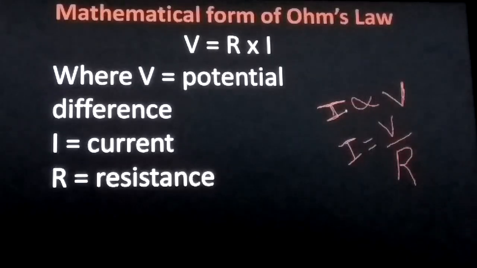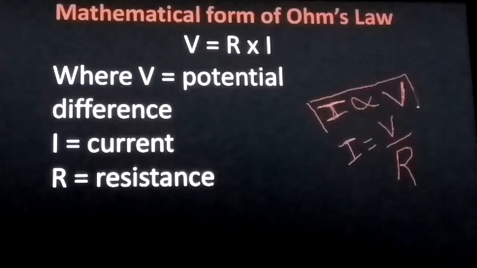If one increases, then the other also increases. If the potential difference decreases, then the current flowing through a conductor also decreases. So this is the simple way to recognize or remember Ohm's law.